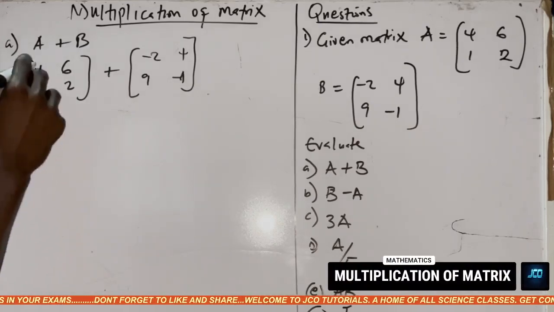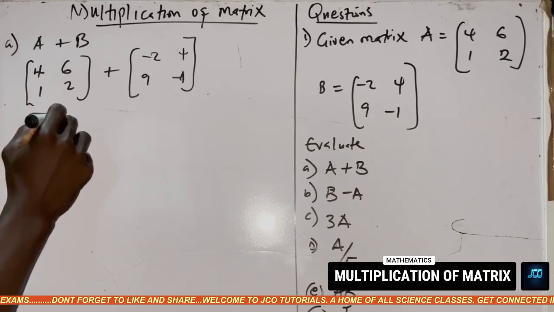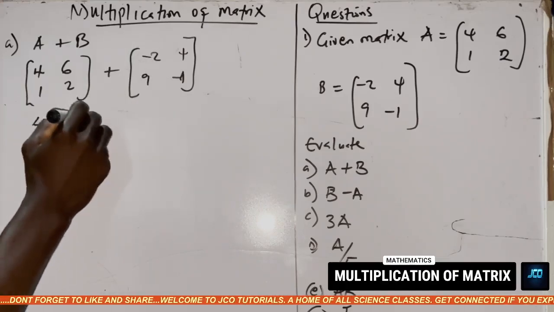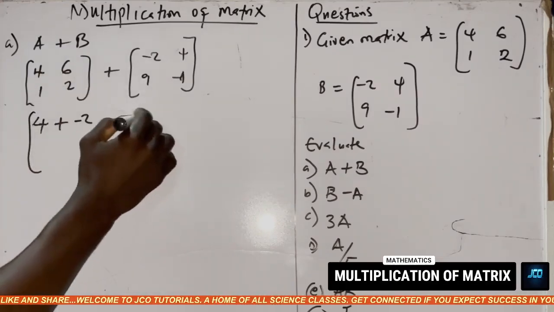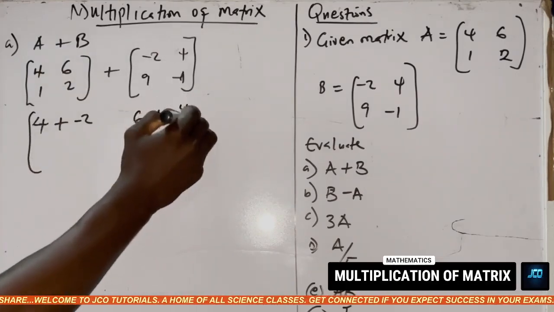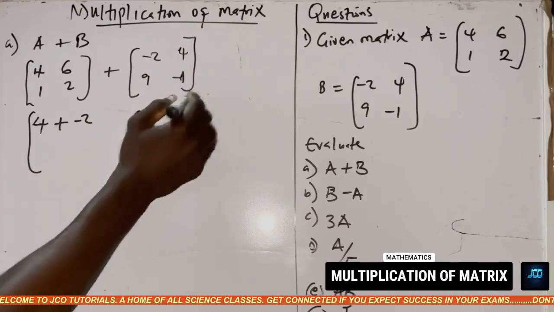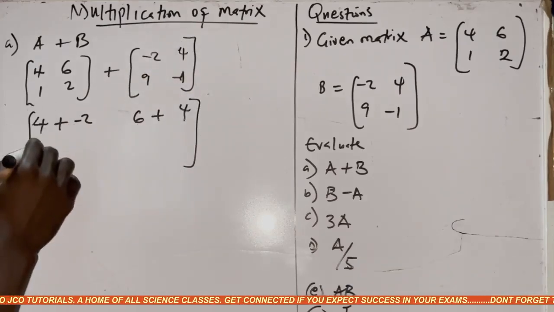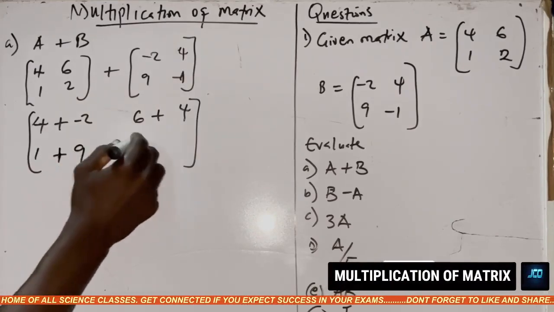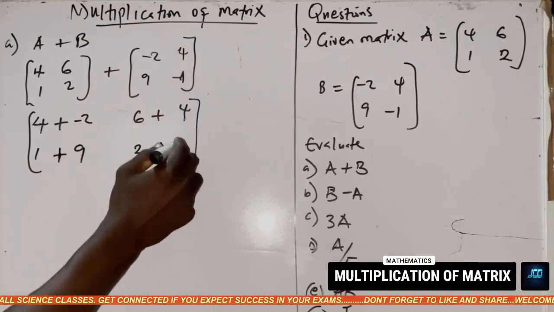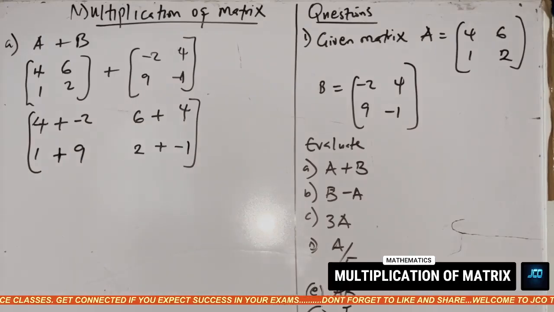We're going to add the first section of 4 plus, then you have -2 there. Give it a little space, 6 plus, then you have 4 there. Then here we have 1 plus, then you have 9 there. Then you have 2 plus, you have -1 there.